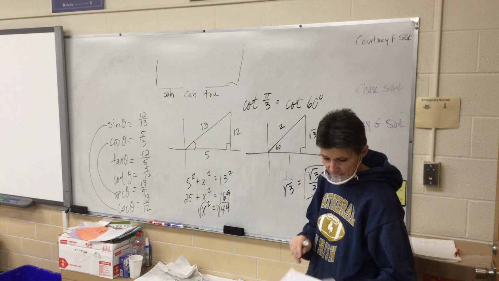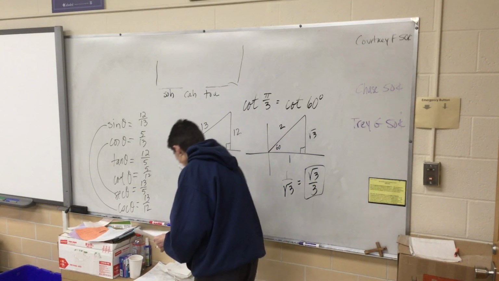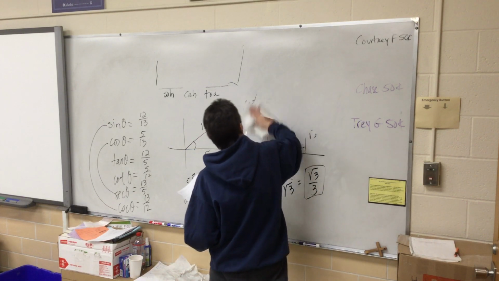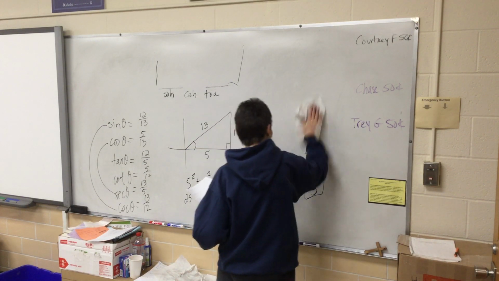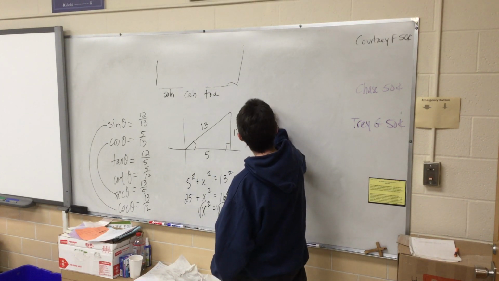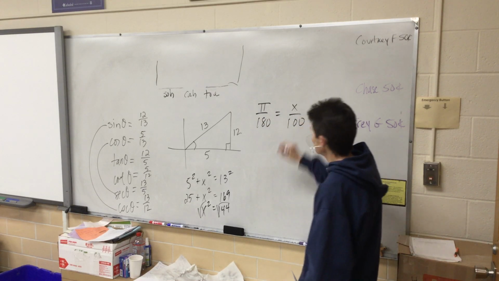All right, let's get as much of this done as we can. Change 100 degrees into radians. Oh gosh, who remembers how to do that? Pi over 180. Oh, very good, Isaac. Pi over 180 equals x over 100. Perfect.